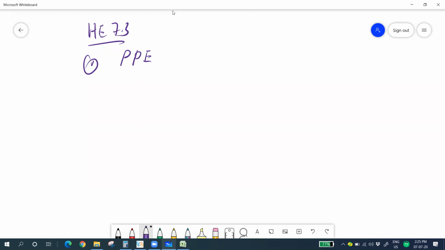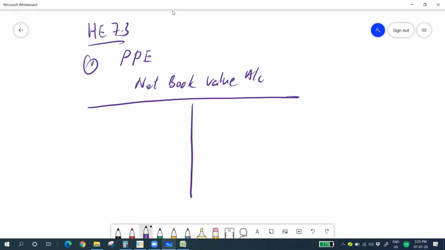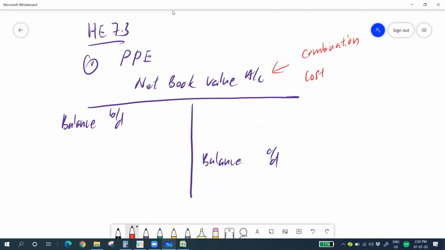Okay, property, plant, and equipment. So this is the net book value account. So in the net book value account, we have balance b/d and balance c/d, right? This net book value account actually is a combination of your cost and accumulated depreciation.